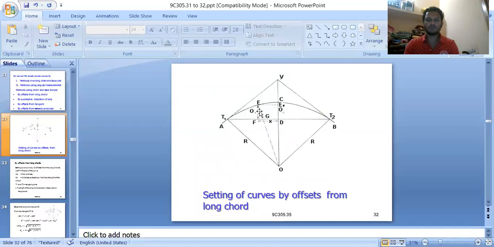We need to set a long chord and set offsets from the long chord. For this purpose, I took a point F on long chord, which is at a distance of x meters from center of the long chord D. Then I projected this point on the curve vertically, parallel to the mid-ordinate.